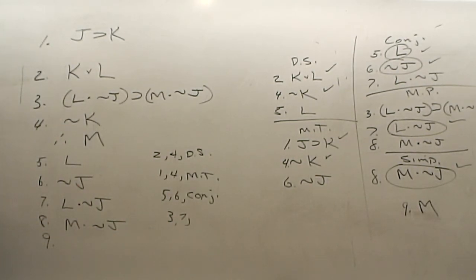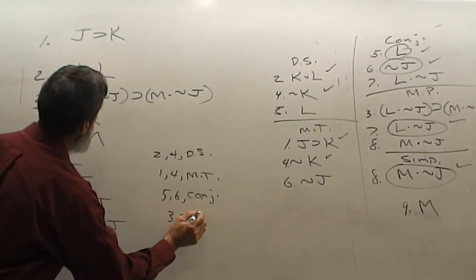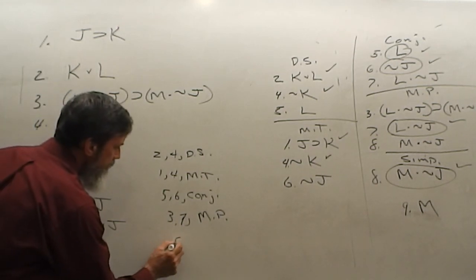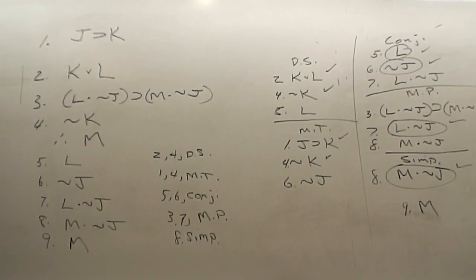What is it? 3. I need L dot curl J. Oh, it is 3, 7. There it comes in.